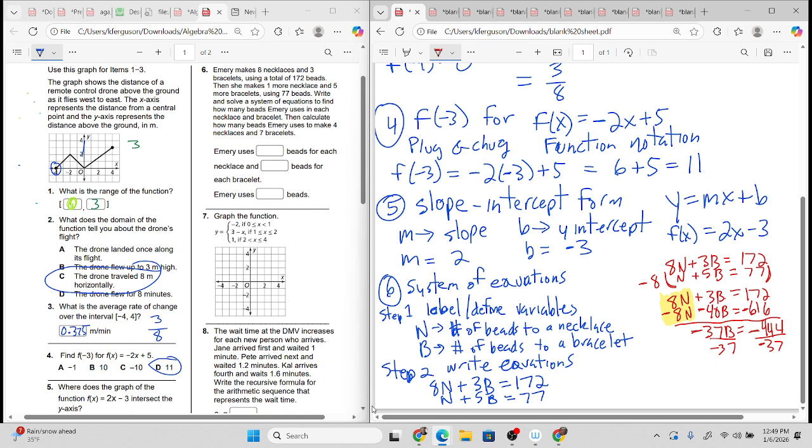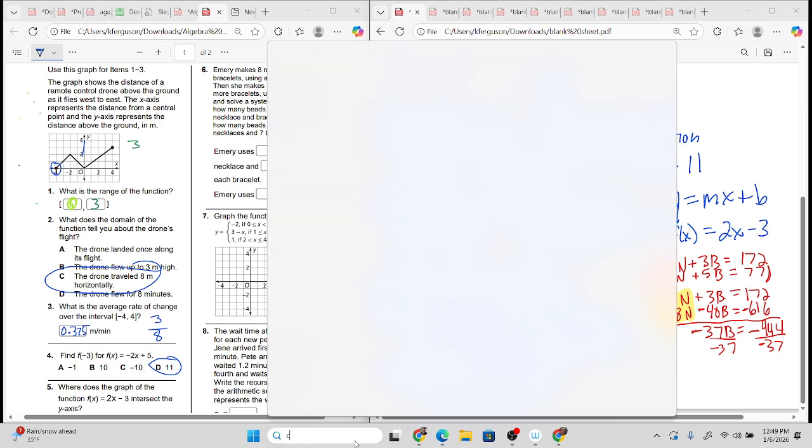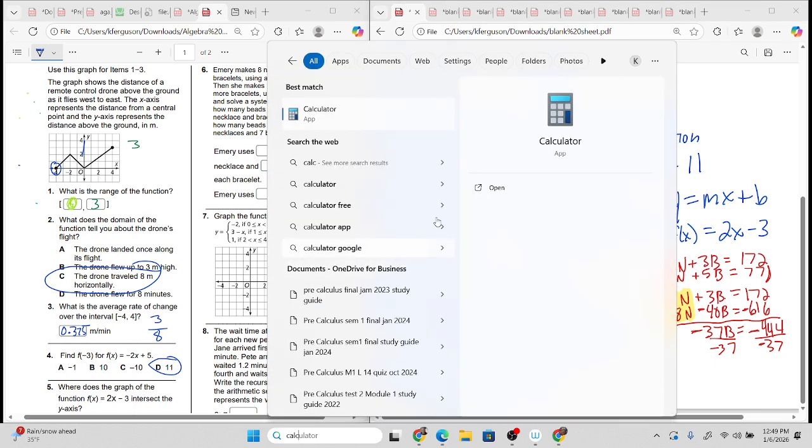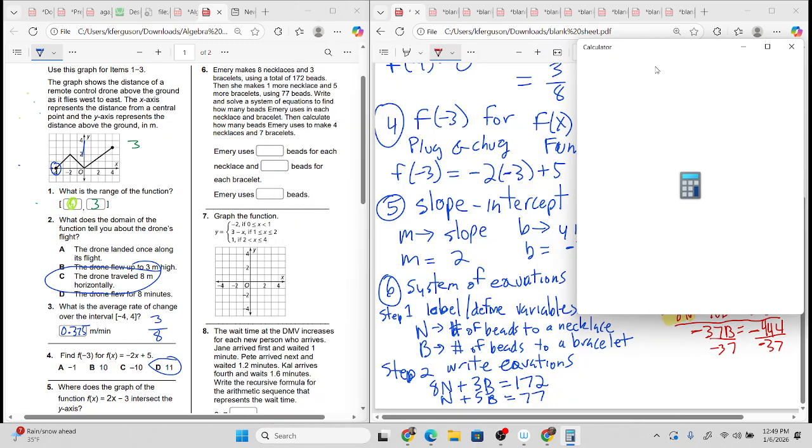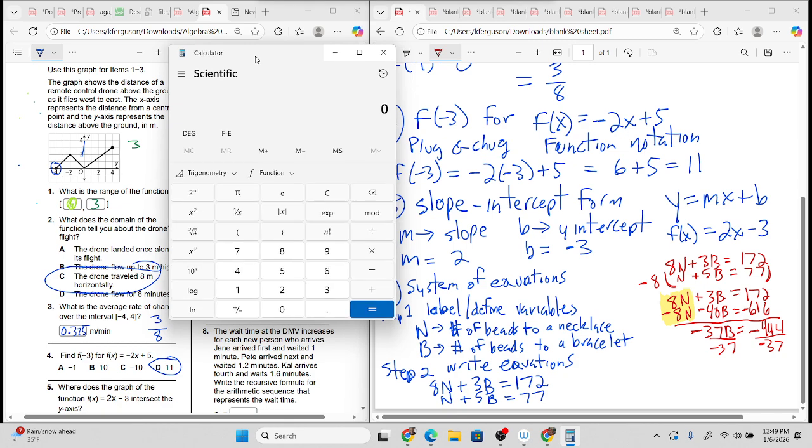So just to make things simple, we say 444 and then make it negative, and then divide by 37 and make it -12.